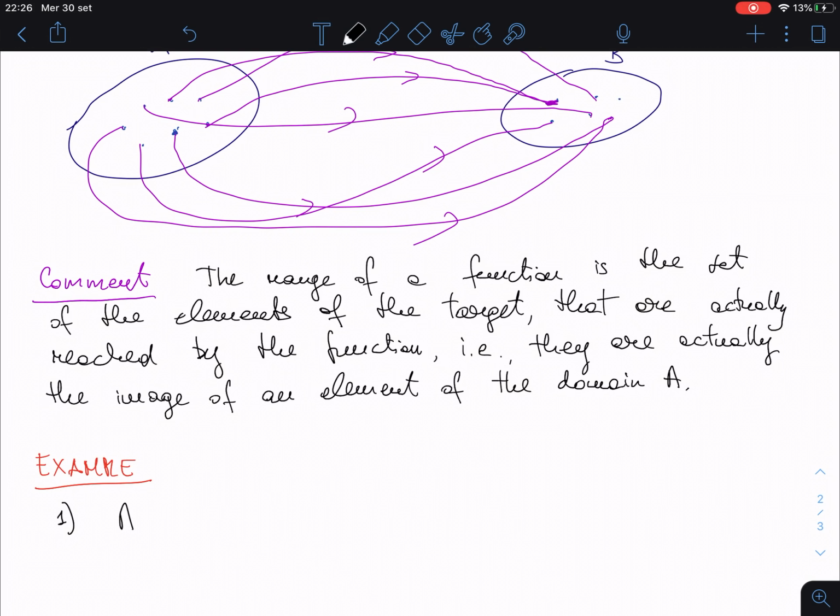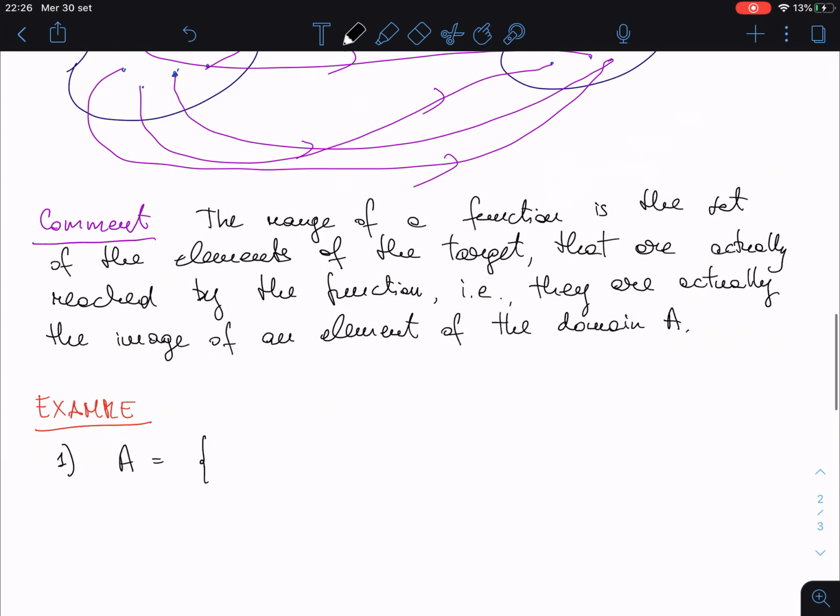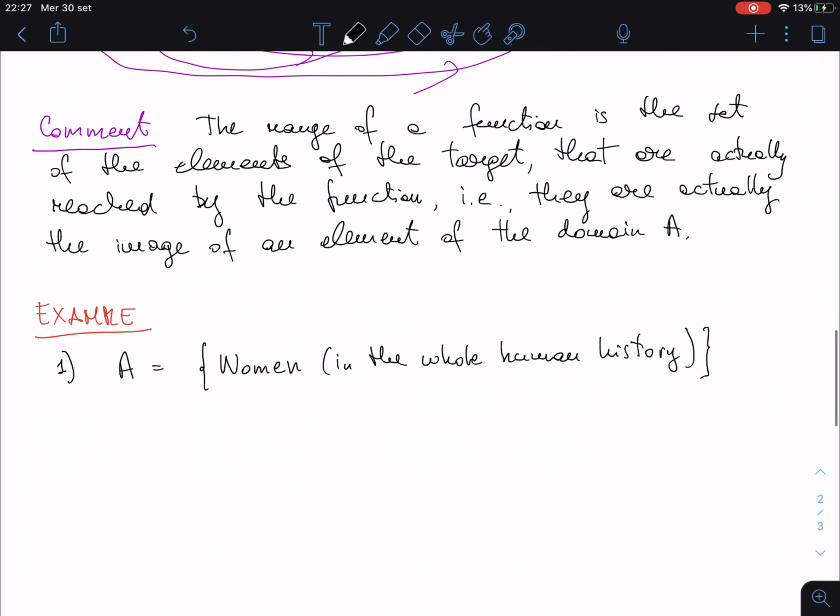A is the set, for instance, of women along the history, in the whole human history. And B is the mankind.